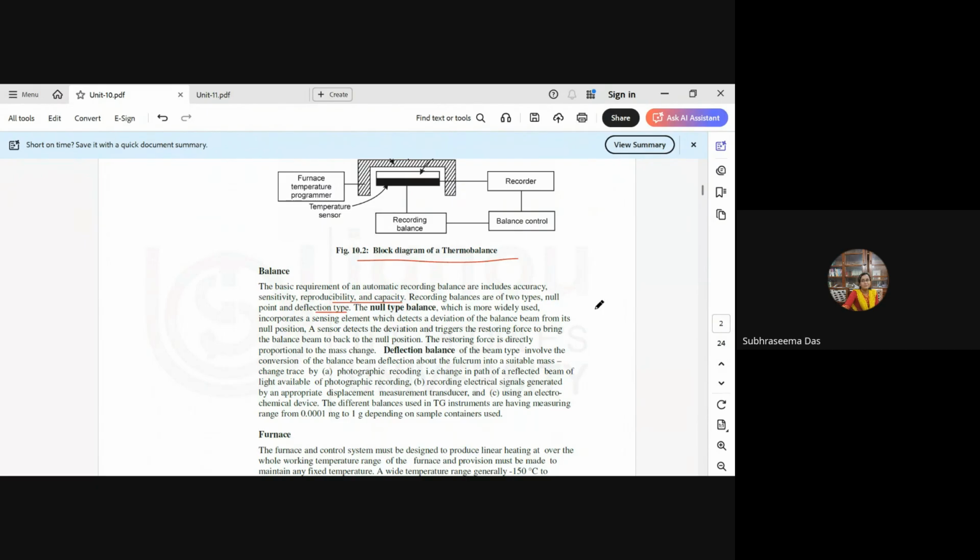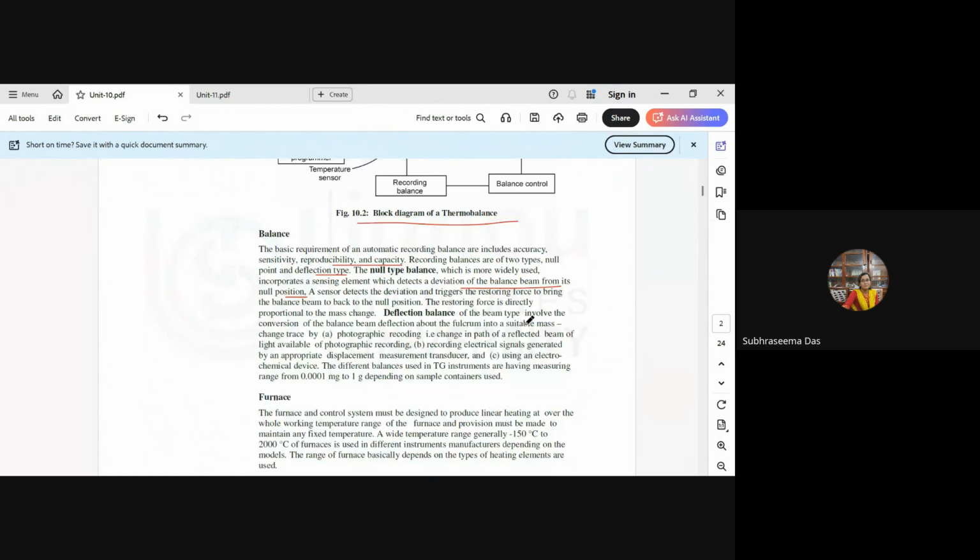The null type balance is more used because it detects a deviation of the balance beam from its null position, so it is very sensitive. The deflection balance of the beam type involves the conversion of the balance beam deflection about the fulcrum into a suitable mass trace by photographic reading. Mostly when we talk of TG, we use the null type balance.